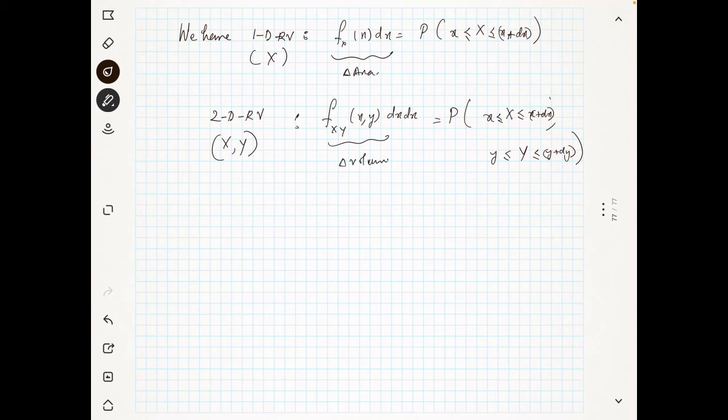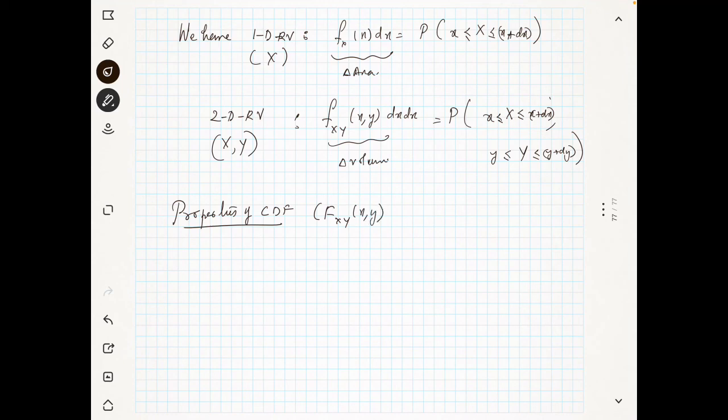Now we will see a very important concept: the properties of the CDF, Fxy of x comma y.